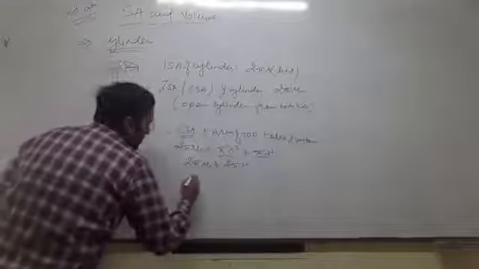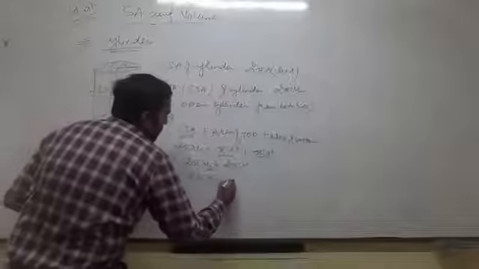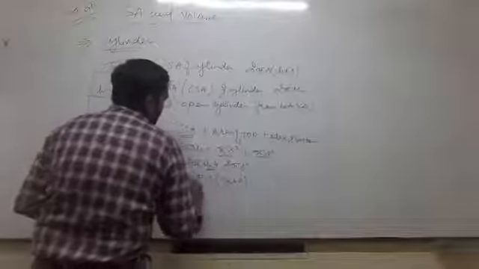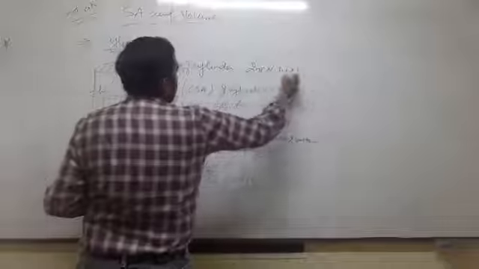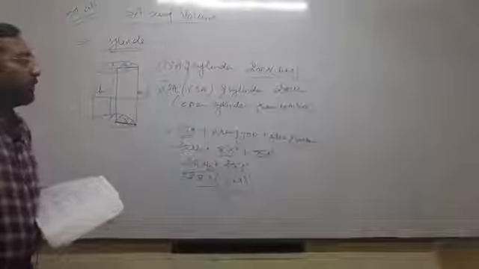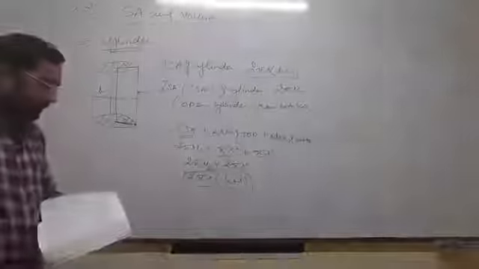Now we take 2 pi r as common, so here h and here r remain. Therefore my total surface area is 2 pi r (h plus r). Okay, therefore my formula of the total surface area of cylinder is 2 pi r (h plus r).